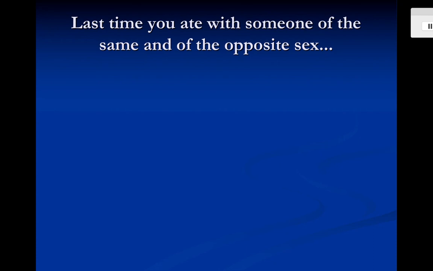You can do this exercise to be able to identify main effects and interactions. There's a very interesting study that we commonly use whenever we talk about interactions and main effects. I've posted it here on this lecture for you. It looks at the last time that you ate with someone of the same sex and of the opposite sex. And I asked you a couple of different questions. So what did you eat?